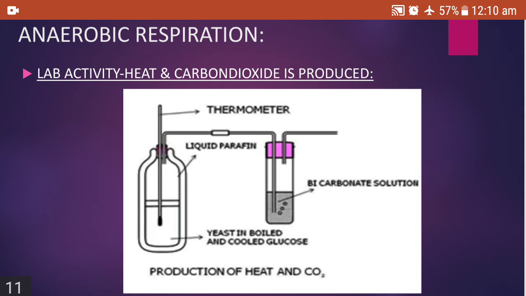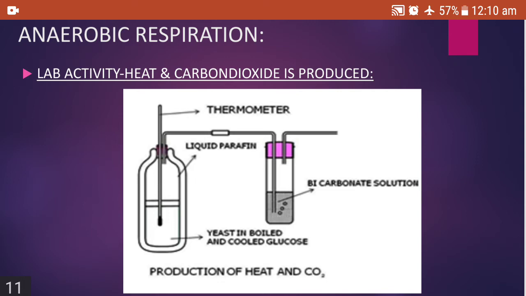So what we have to take is a glass jar. We take the glucose solution and boil it for some time so that the oxygen is released, and then we add the yeast to it.